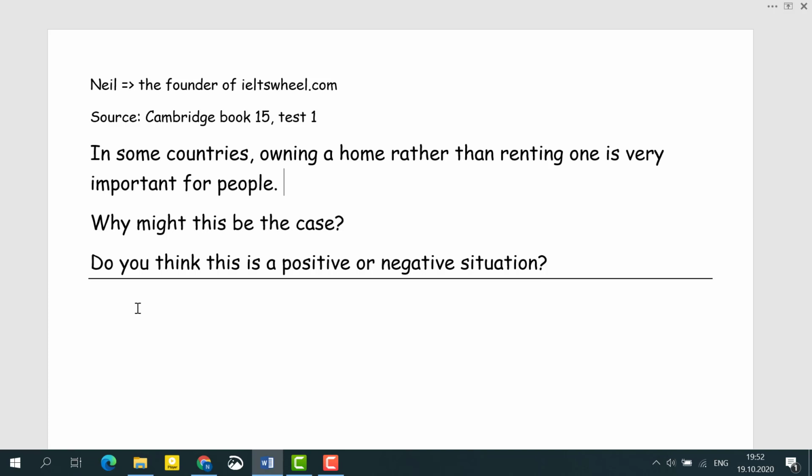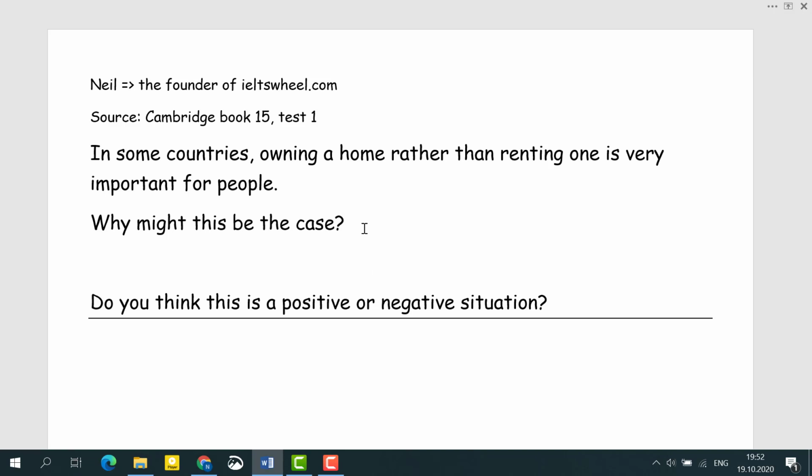Before writing an essay, it's very important to make a plan. Now, we have two questions. The first question is, why might this be the case? Why means that the examiner wants us to provide at least two reasons.